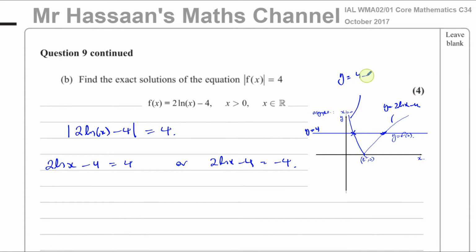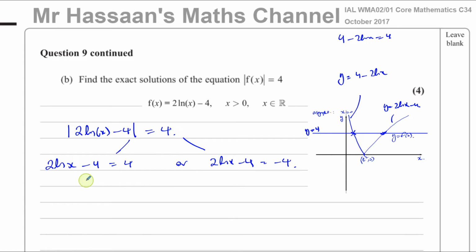So this would be 4 minus 2 ln x. If I say 4 minus 2 ln x equals 4, it's the same as saying this, if I change that to a minus and change the sign of these two. So thinking about it this way is the algebraic way, and thinking about it this way is graphical. They'll give you the same answer.